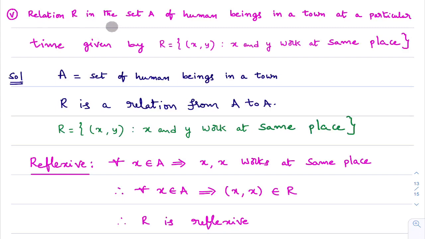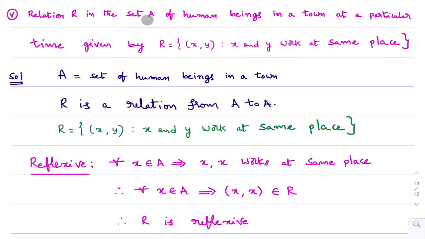Relation R in set A. R is a relation on set A. What is set A? Set A is the set of human beings in a town at a particular time. It is given by the relation of ordered pairs (x, y) such that x and y work at the same place. First, as usual, 3 steps.